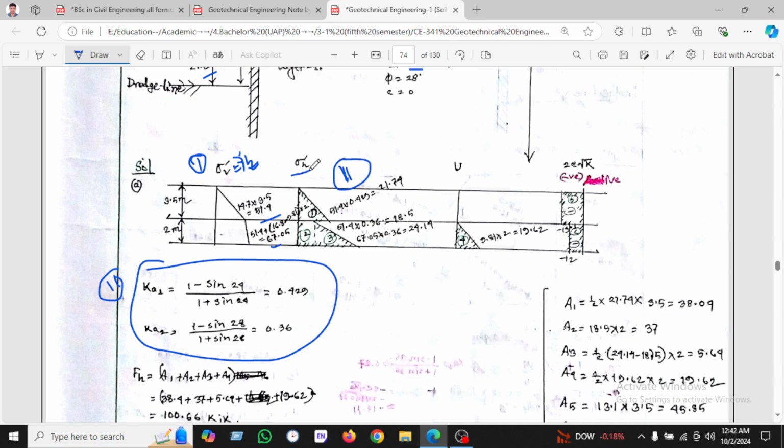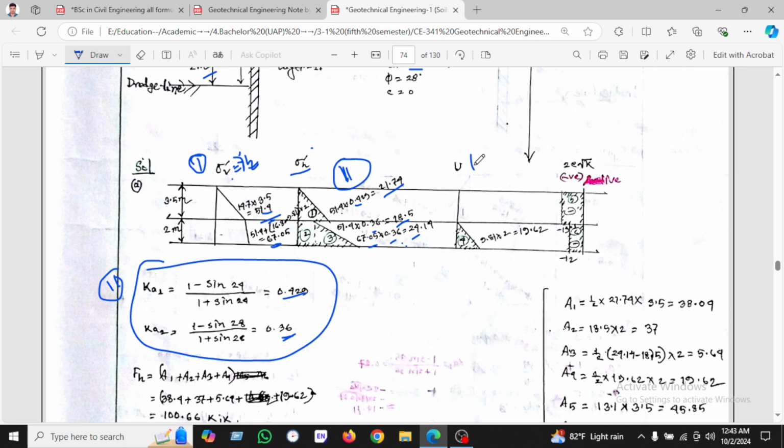Now we will get the horizontal stress, which will be K into gamma vertical. K is found 0.425 into 51.5, which is 21.74, and for the second layer it will be 0.36 into 41.5 and found 18.4, and the third one will be 0.36 into 16.7, which is 40.14.